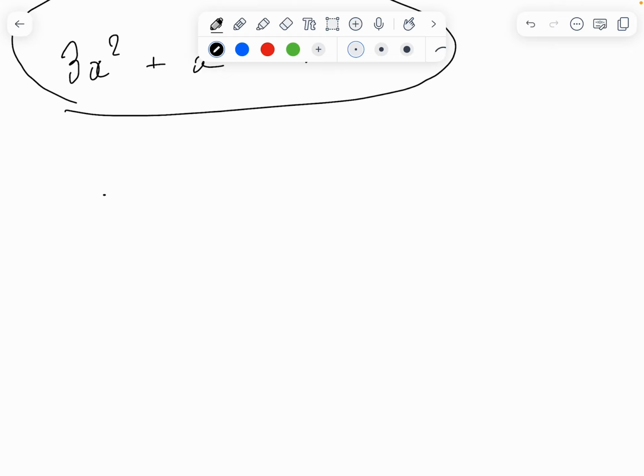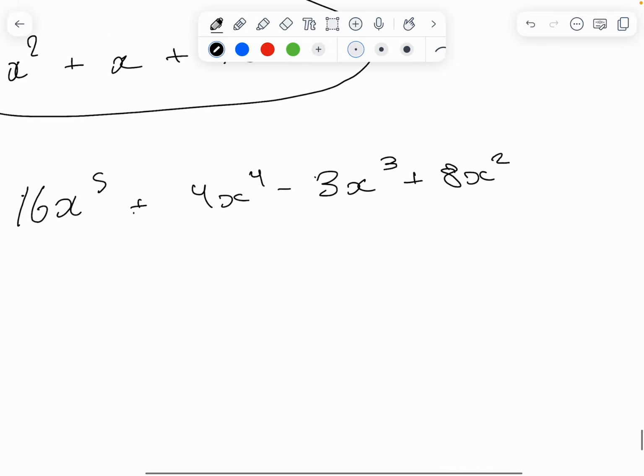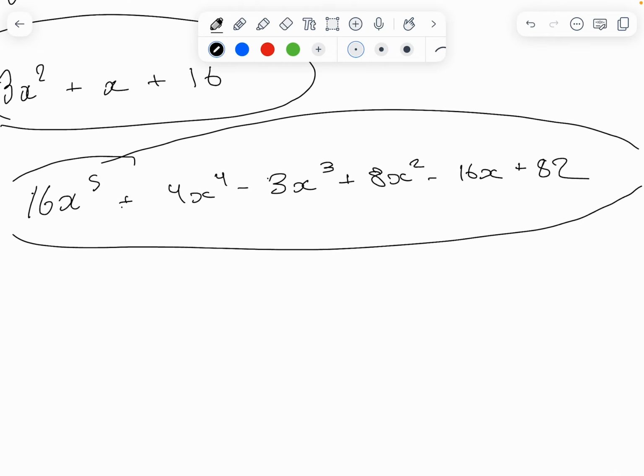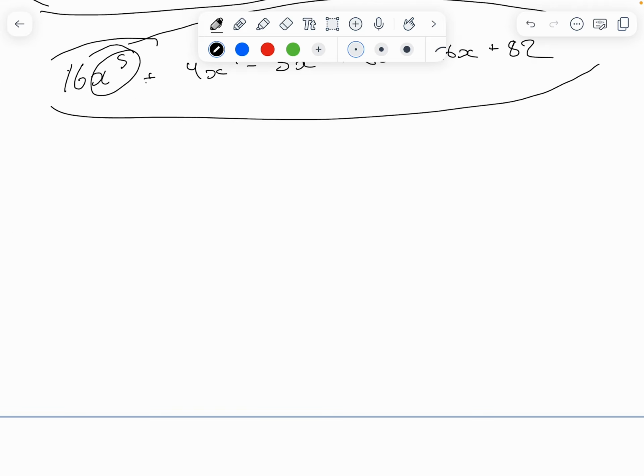Or we have 16x to the power of 5 plus 4x to the power of 4 minus 3x to the power of 3 plus 8x to the power of 2 minus 16x plus 82. That's a polynomial. Anything with an x term in this sort of format.